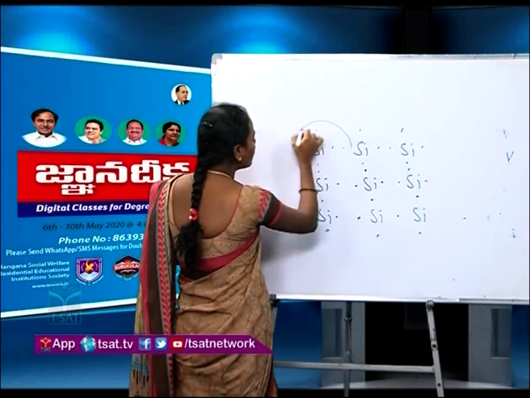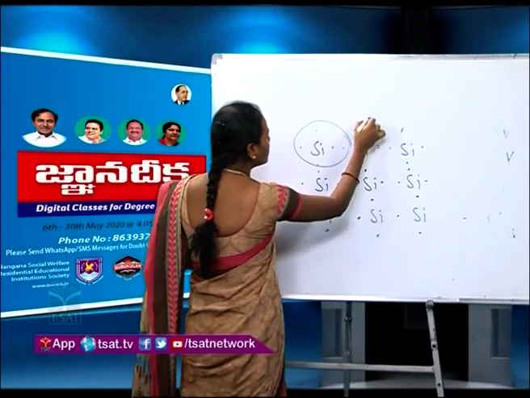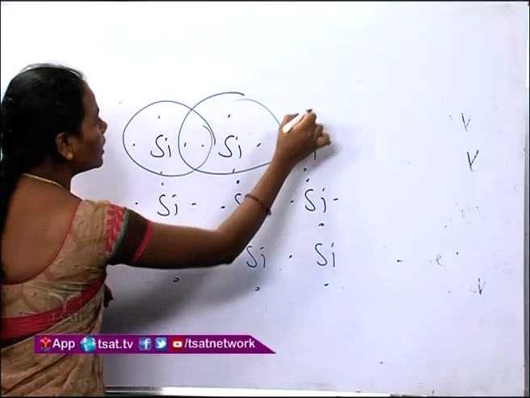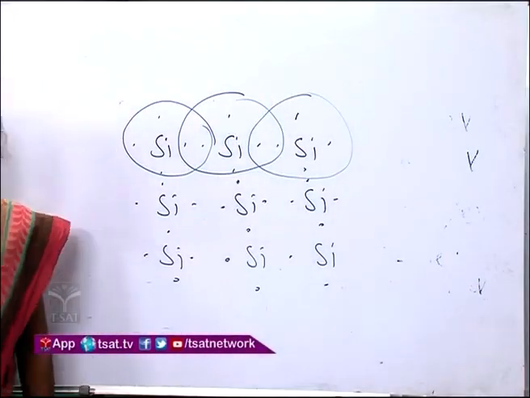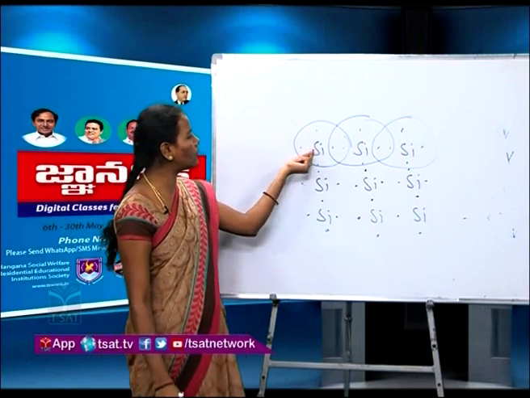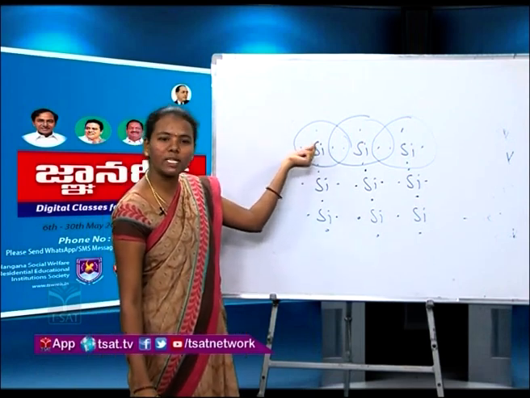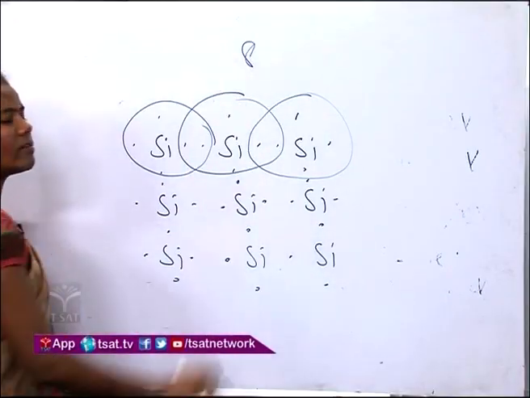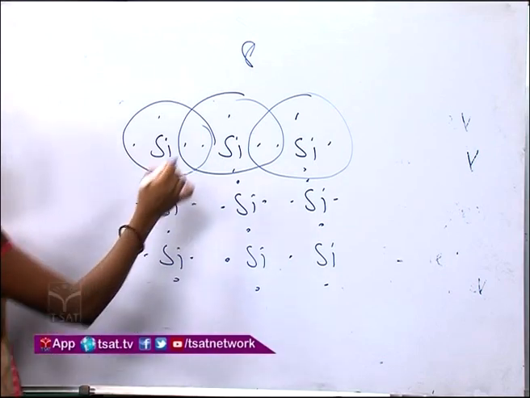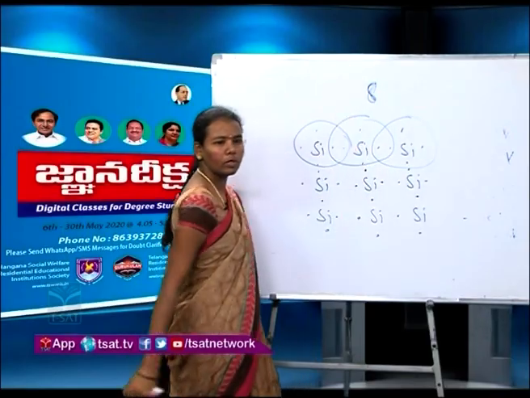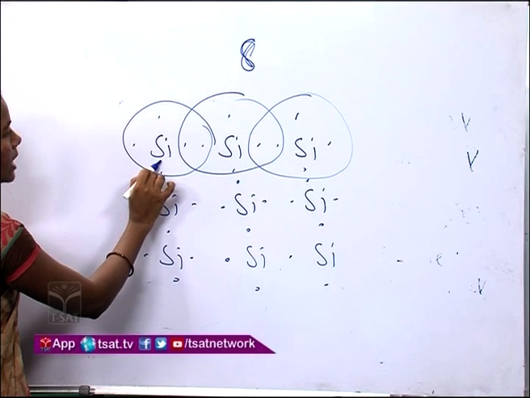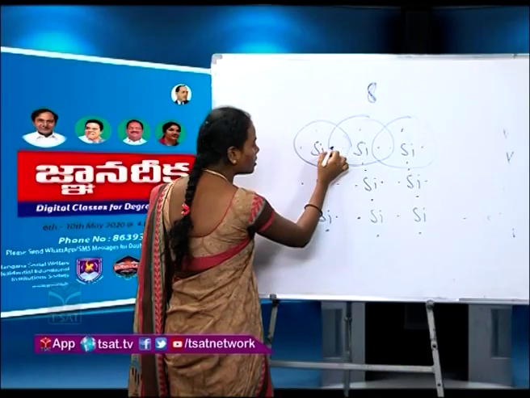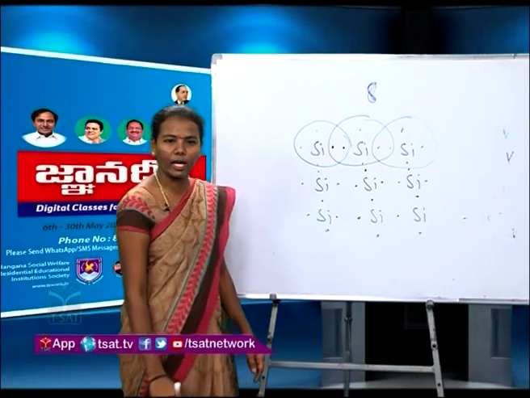So the valence of each silicon atom will become 8. 8 valency is the stable one, right? If valence electrons are 8, then it is said to be stable. Covalent bond means sharing of electrons.